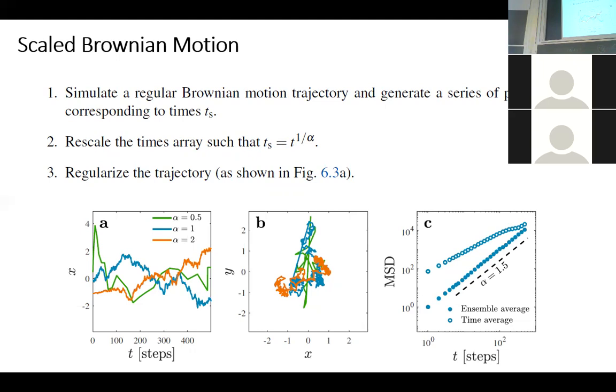And if I take the mean square displacement of a linear diffusion simulation, how does it scale with time? It scales with t to the power 1, right? But I can change this very trivially.